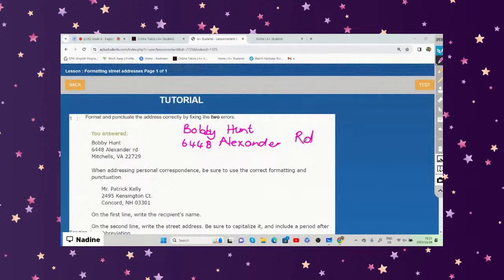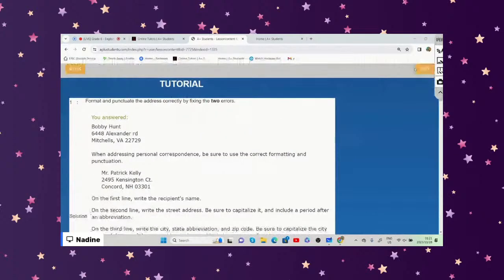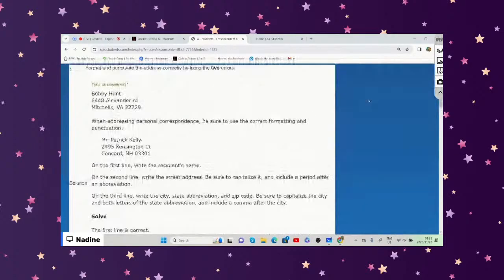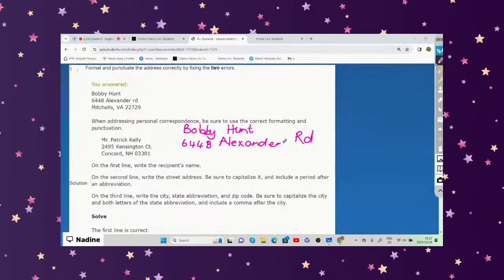And remember, when writing the street address, we need to be sure to capitalize it and include a period after the abbreviation, which is RD for road.